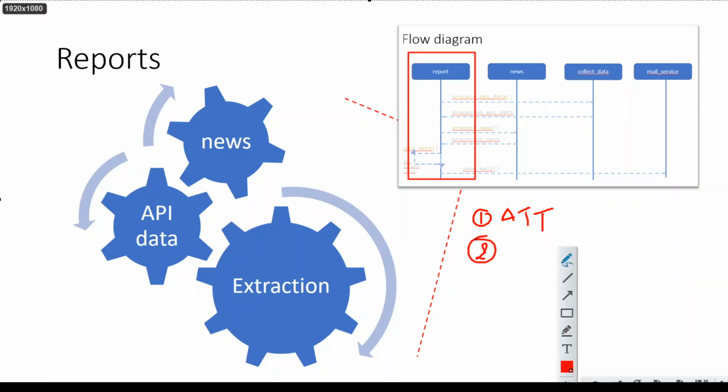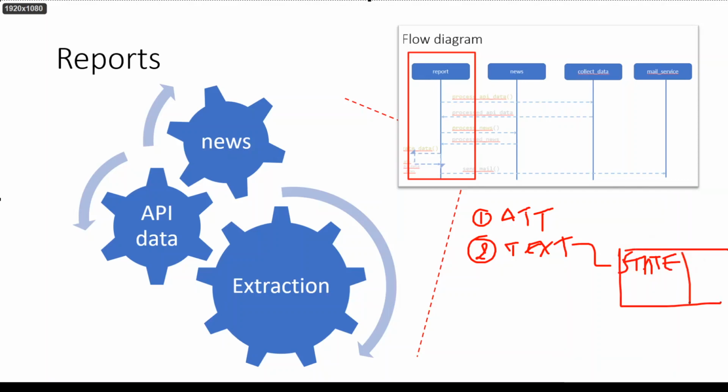Second, the text as a subject, which will contain the state and cases. Say active cases are 200. It will look like this.